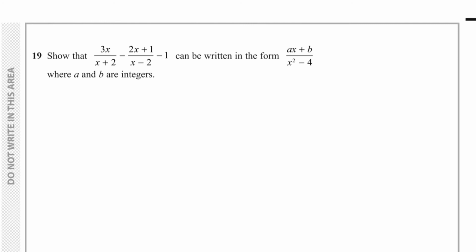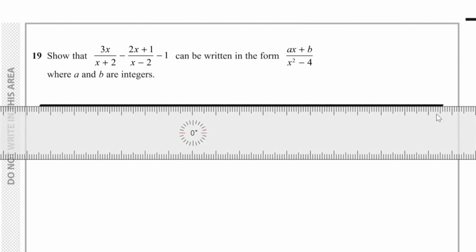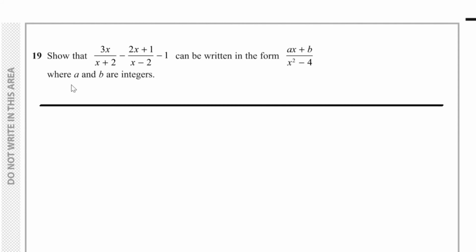So what we can do is write everything over a common denominator. I've got this 3x, and if I have x minus 2, then on the bottom I need x plus 2 times x minus 2. The x minus 2 simplify to 1, leaving us with 3x over x plus 2.